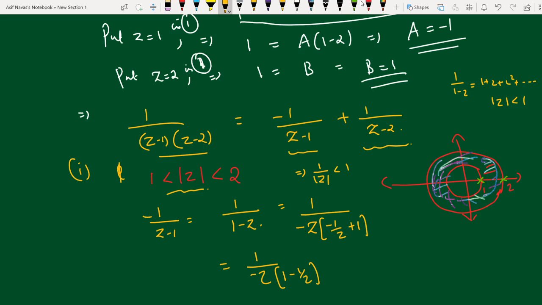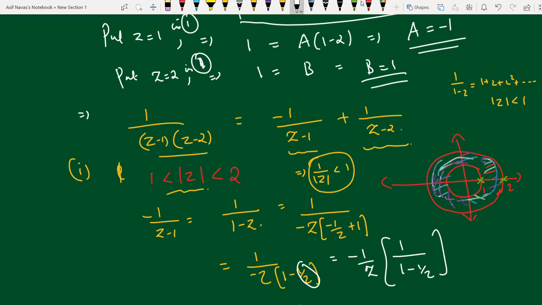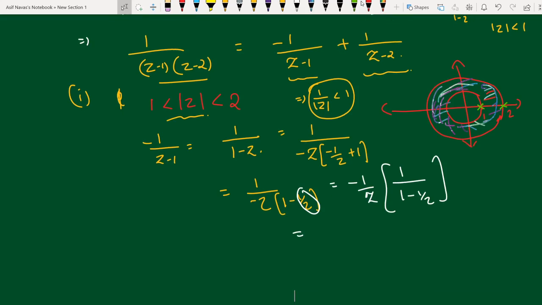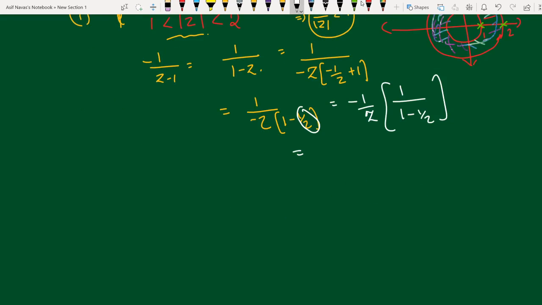Clearly here mod 1 by z is less than 1, so we can use the series expansion. So this is equal to minus 1 by z into 1 plus 1 by z plus 1 by z square plus etc.